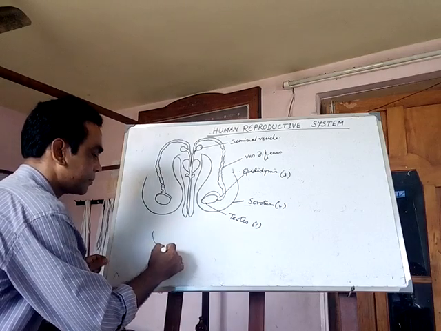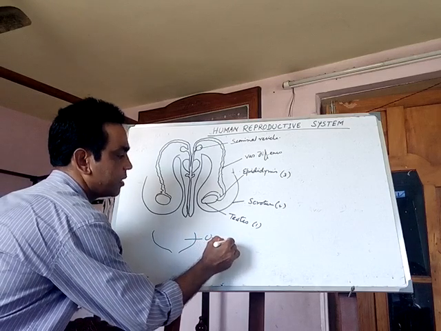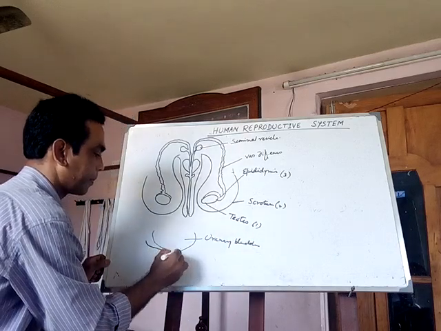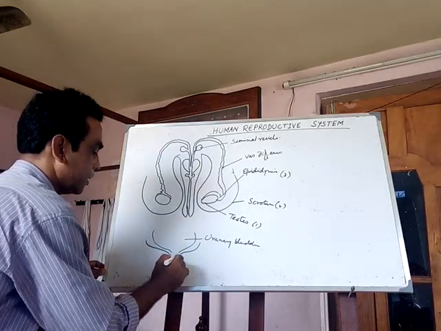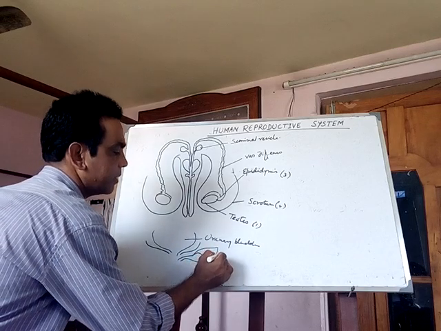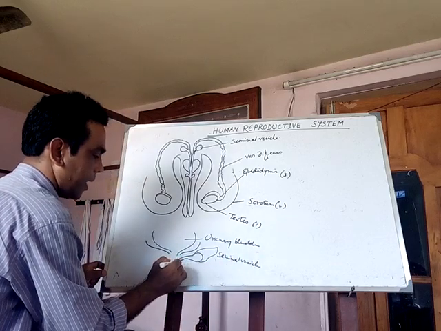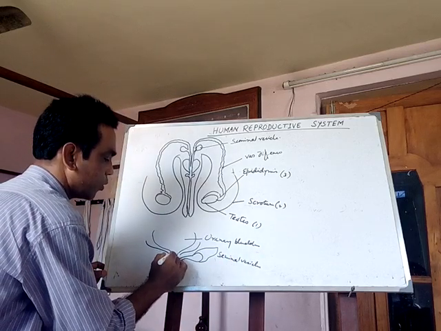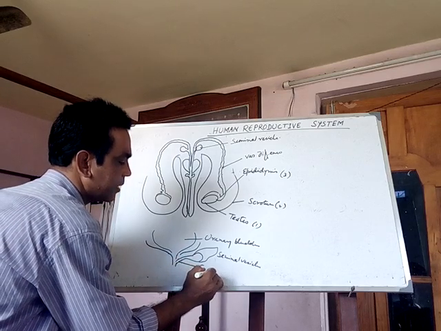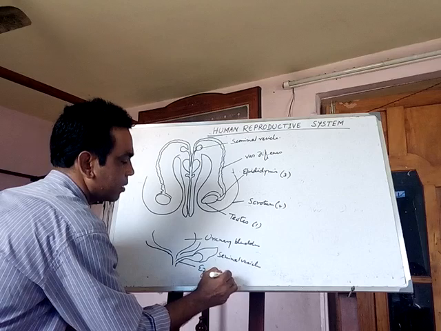That is the urinary bladder. That is the seminal vesicle, and here we represent the ejaculatory duct.